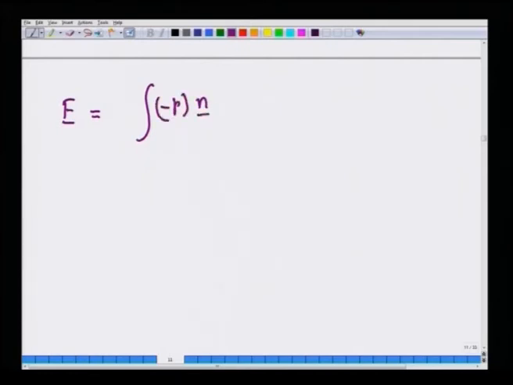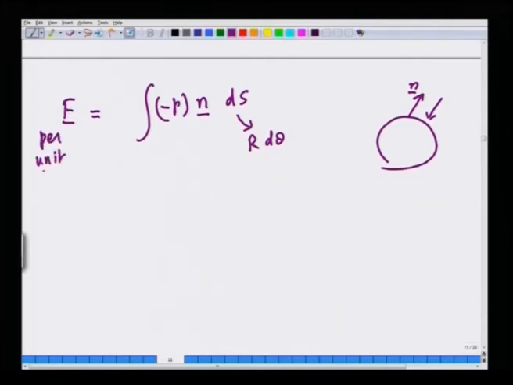The pressure exerted by the fluid on the surface acts inward, because if the outward unit normal is n, the pressure acts in the direction of minus n. So, ds is nothing but r d theta. This is the force per unit length of the cylinder, because it is a long cylinder.